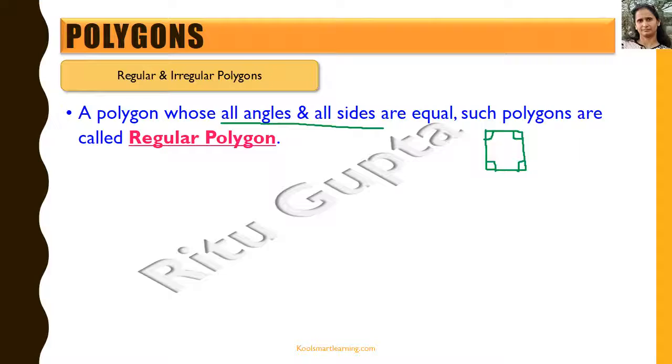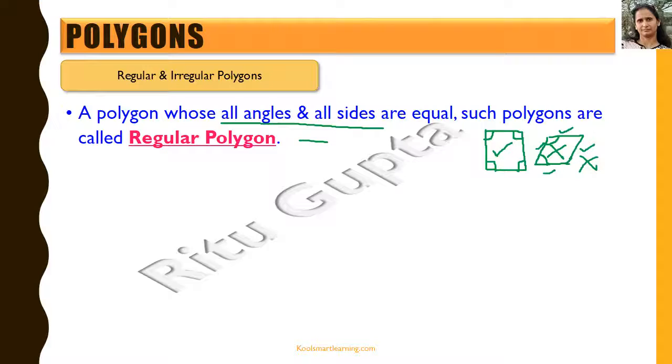Now if we draw a rhombus instead of a square, this is not a regular polygon. Why? Because all the 4 sides of the rhombus are equal, but the angles are unequal. So this is not a regular polygon, while a square is a regular polygon.